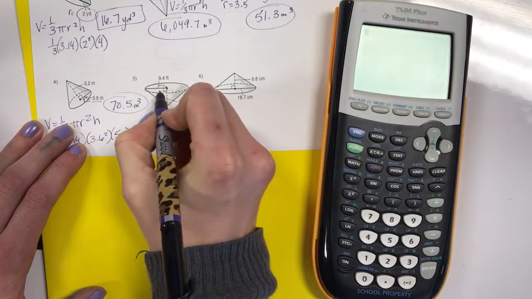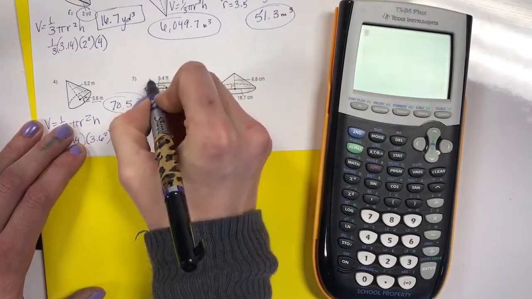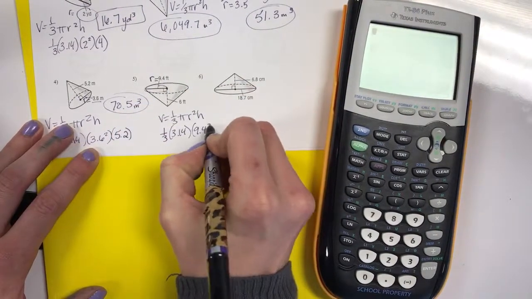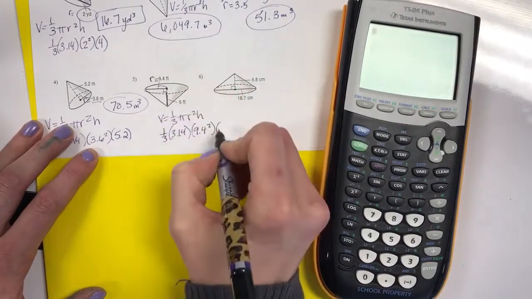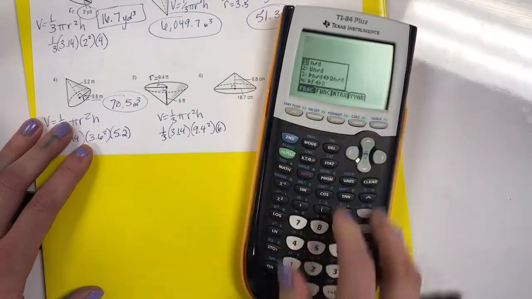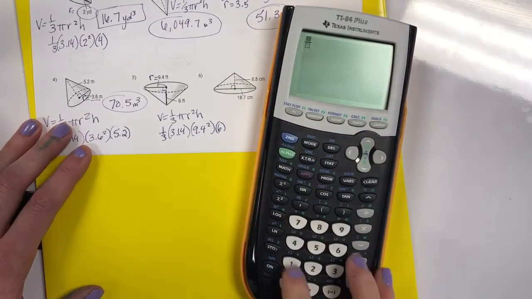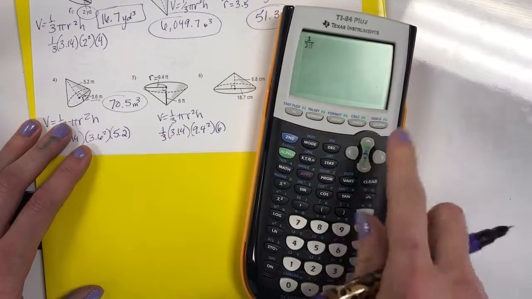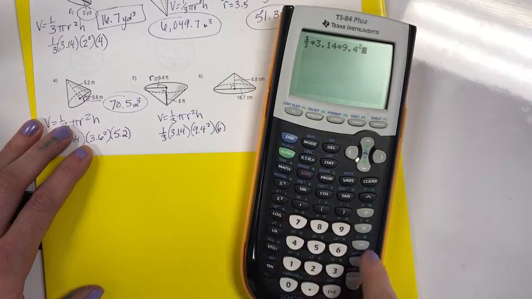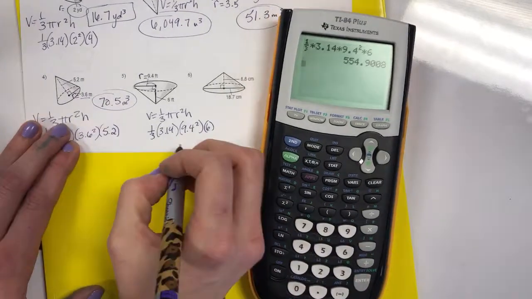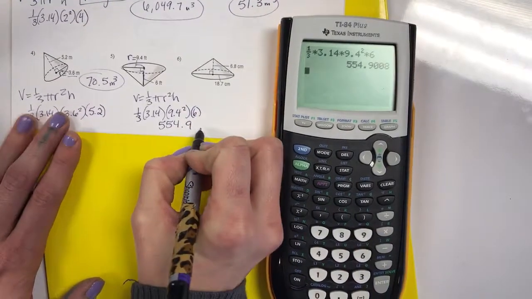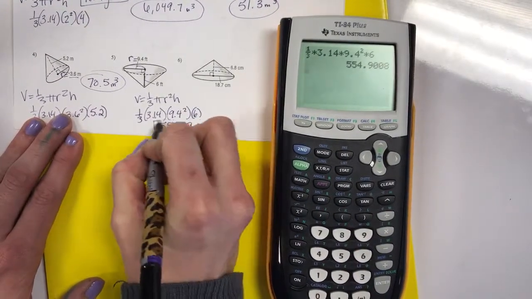The radius, they already gave it to me, that's just halfway across the diameter, so I don't have to do anything to that number. 9.4 squared, and the height of my cone, 6. So 1/3 times 3.14 times 9.4 squared times 6, and we get 554.9 feet cubed.